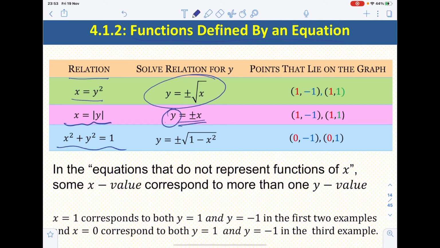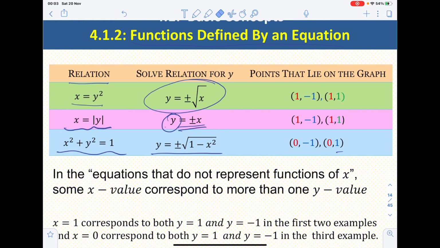This means the equation represents no function, because each value of x has two values of y.